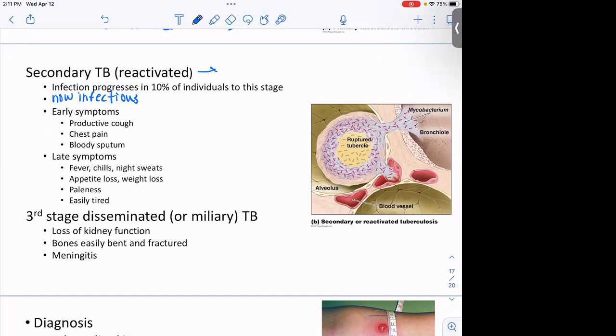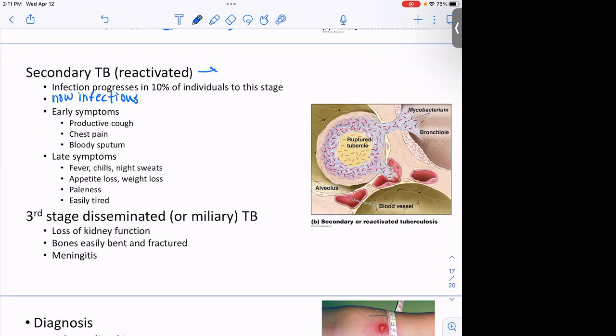When does it reactivate? Sometimes it's when the patient becomes immunocompromised, maybe they're having chemotherapy, or maybe they just have another infection, or maybe they're just aging and their immunity wanes. But sometimes we don't really know. But only about 10% of the time do those tubercles rupture.